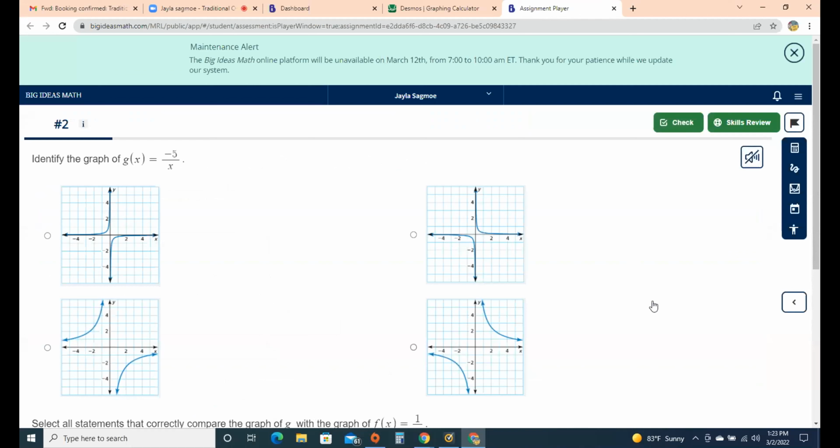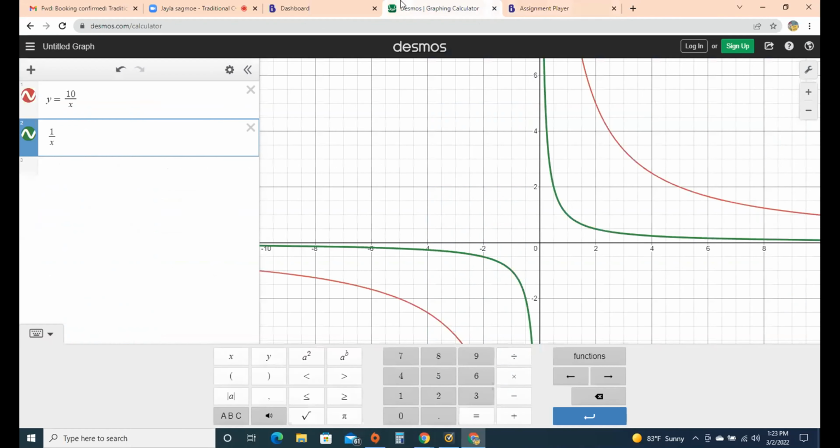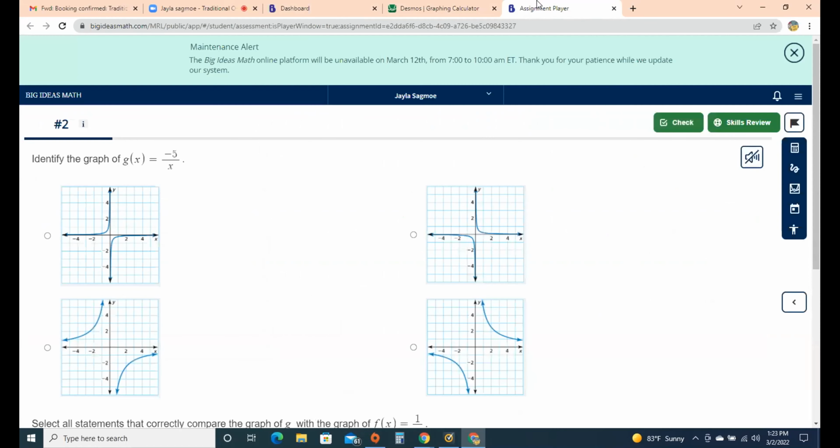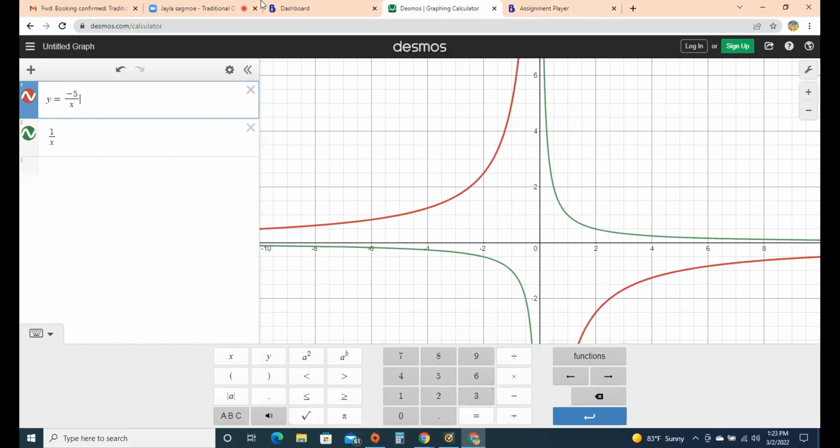Yay, another one. Go to your Desmos, and you're going to graph this. One thing you can do with Desmos is click on the green mark to the left of the 1 over x.